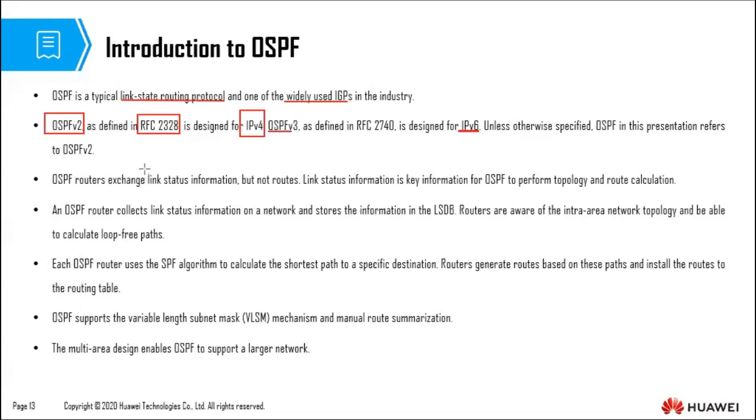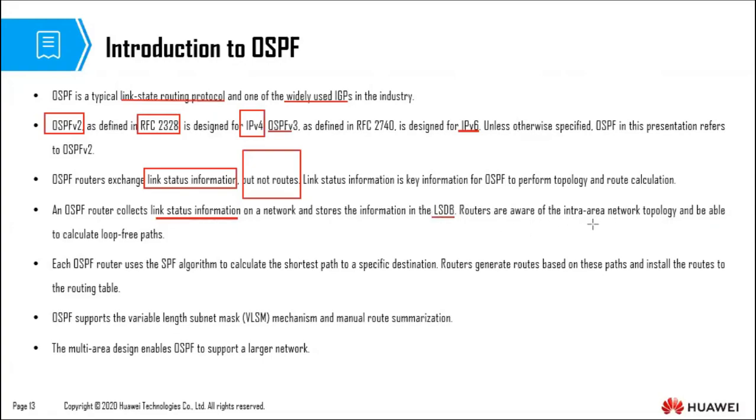So OSPF routers will exchange link state information. Look here, but not what? But not routes. So we already have discussed that. So link state information is key information used to perform topology and route calculation. OSPF routers also collect link state information on a network and store it in the LSDB.